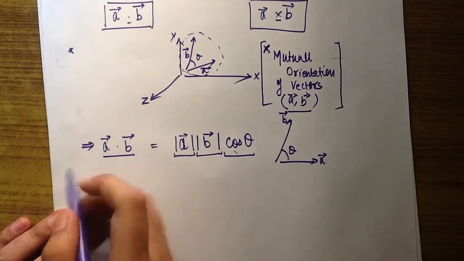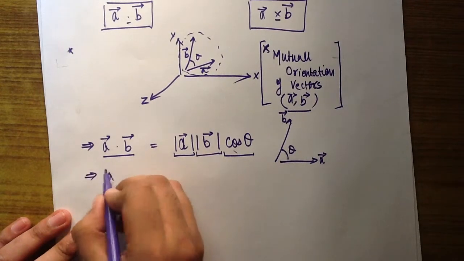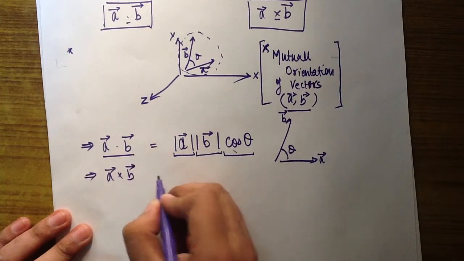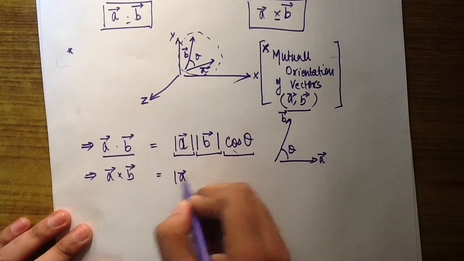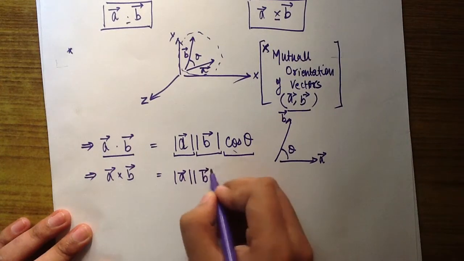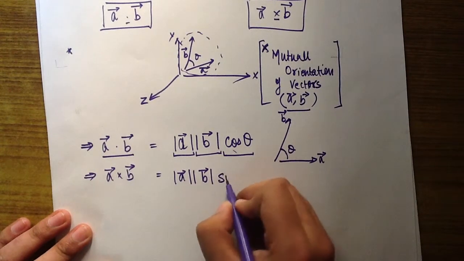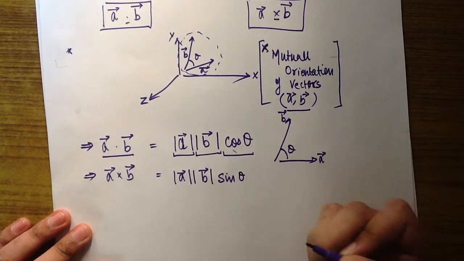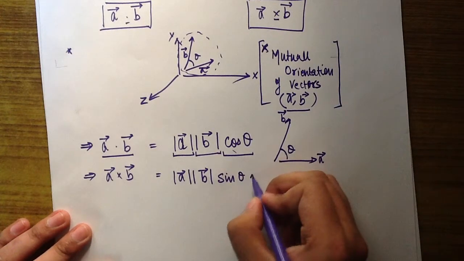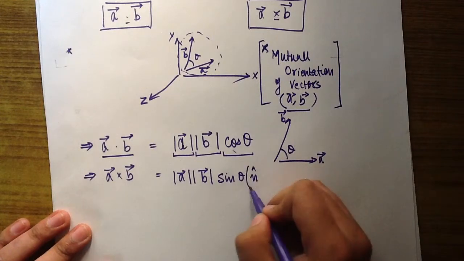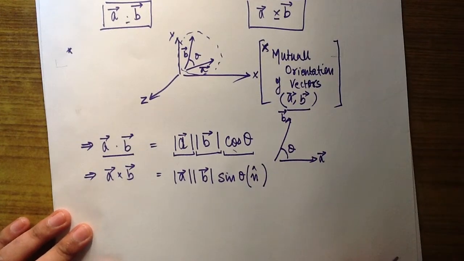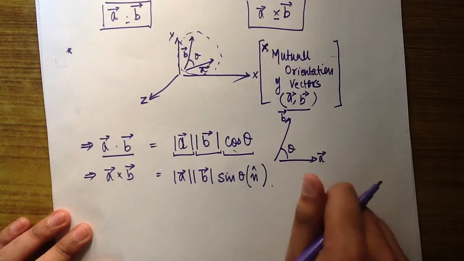Alright. Similarly, A cross B is equal to the magnitude of A multiplied by the magnitude of B multiplied by the sine of the angle that exists between them multiplied by another unit vector which is given by the right hand rule.